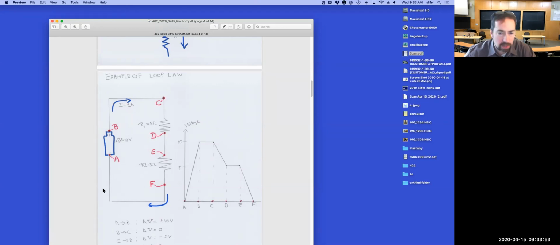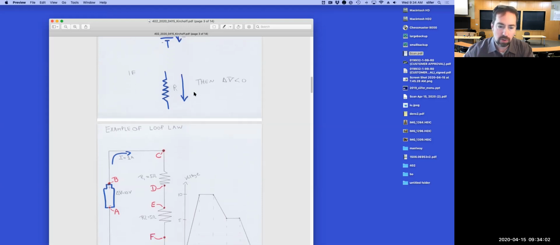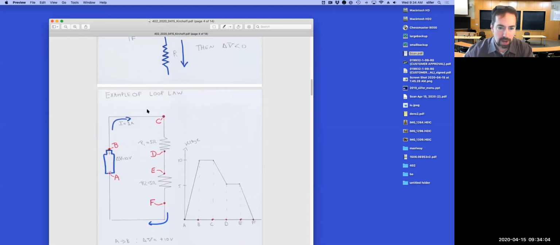Okay, so I hope that answers your question. Basically, you've got two situations. One is the flow of current going in. Here we knew the flow of current because it's going to go from positive to negative. And if we're following the flow of current, you'll hear people talk about a potential drop across a resistor. That's what we're talking about.